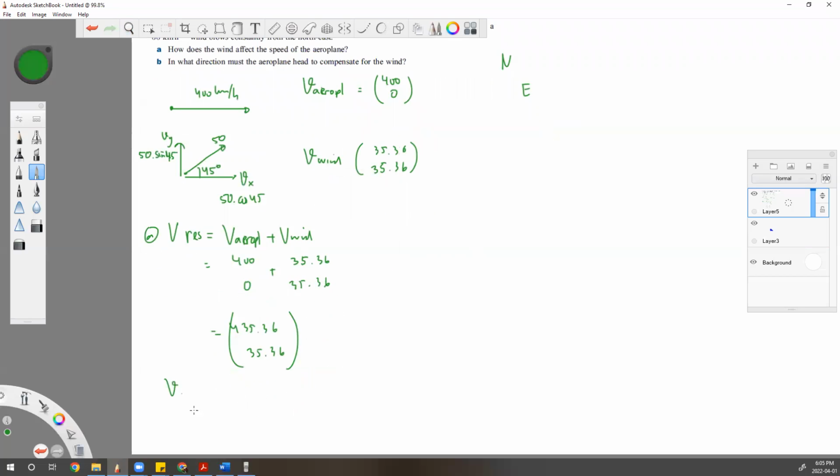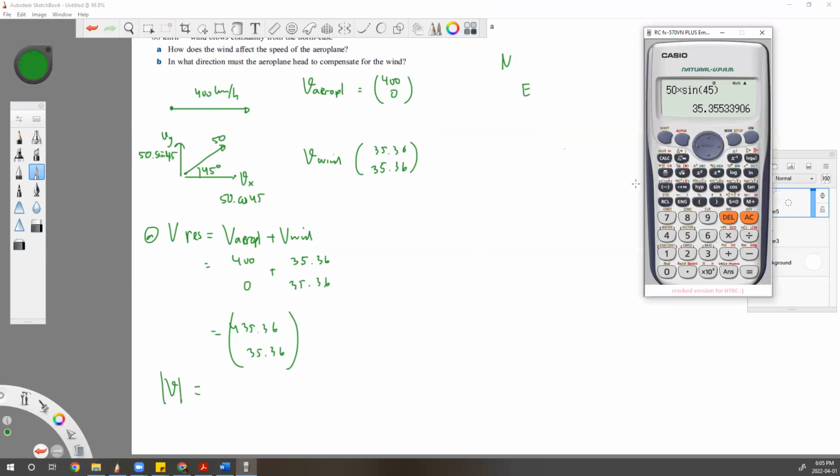So the V, please check the answer key. V of the resulting force will equal square root of 435.36 squared plus 35.36 squared. Okay, it's so tiring.